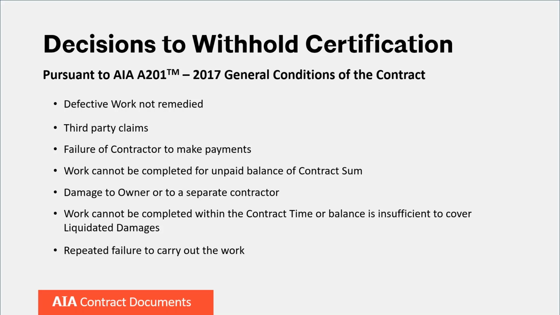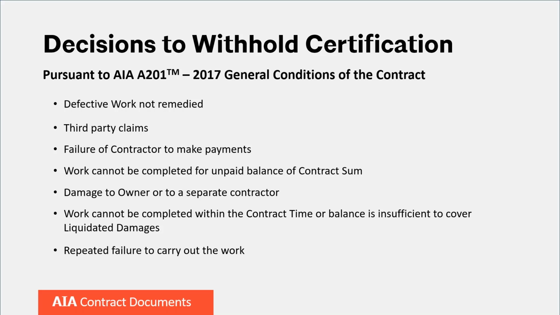One of the other reasons could be if the contractor has caused some type of damage, maybe to the work itself or to surrounding property, or other damage that is part of the basis for withholding under the documents. There could be a separate contractor, there could be others participating that the contractor is responsible for. All of those could be reasons for withholding.